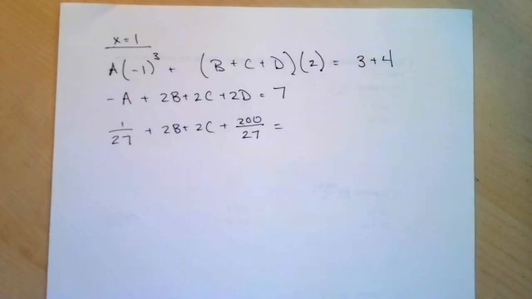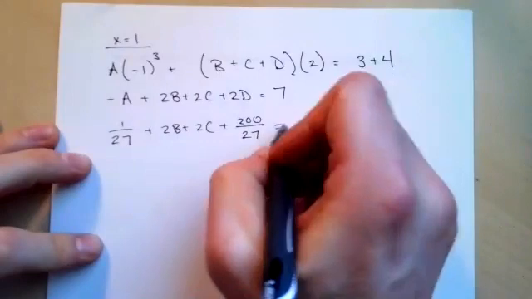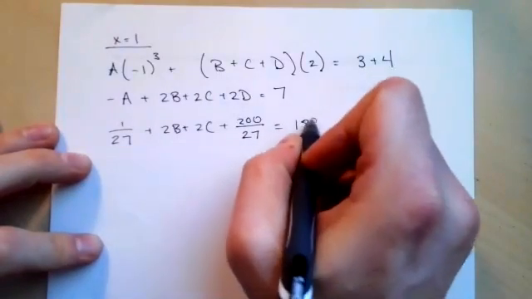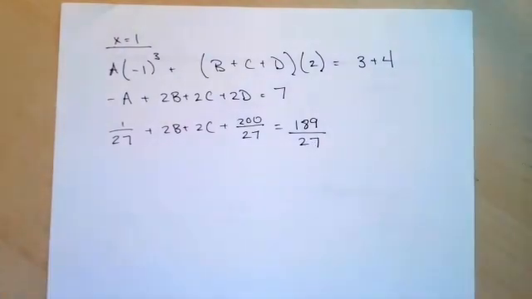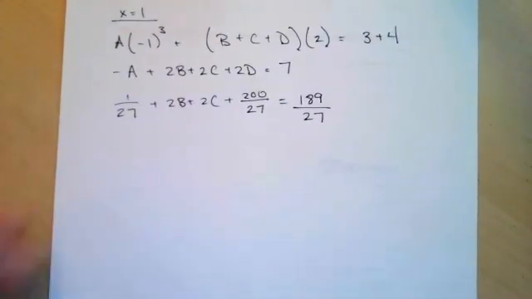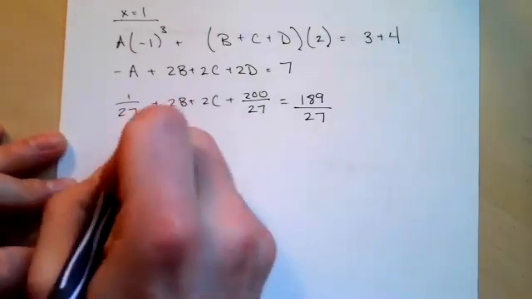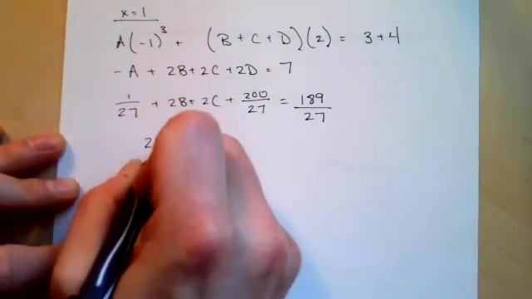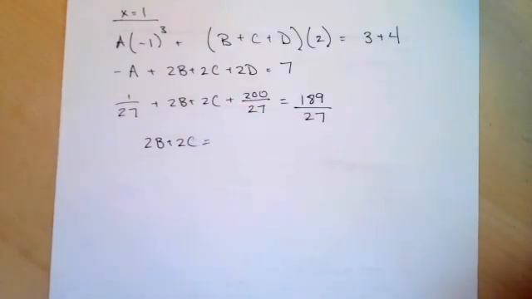So 7 is what, 140 and 49. So 189. So we'll have 201 minus 189 is 22.